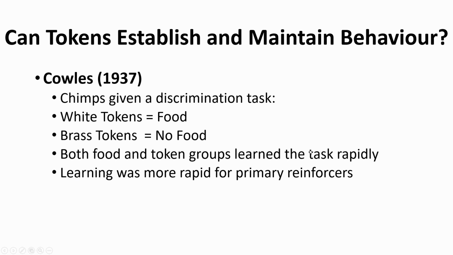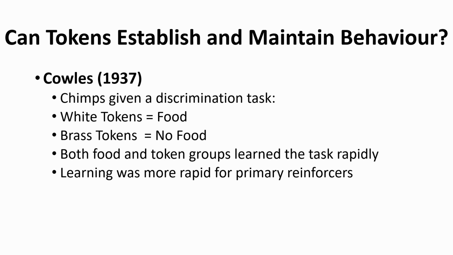So they learned the task fairly rapidly. There was faster learning if they got the food right away, as opposed to a token they could later exchange for food, but they still saw learning even when just a token was used. So this gives us more evidence that tokens can serve as reinforcers for situations like this.